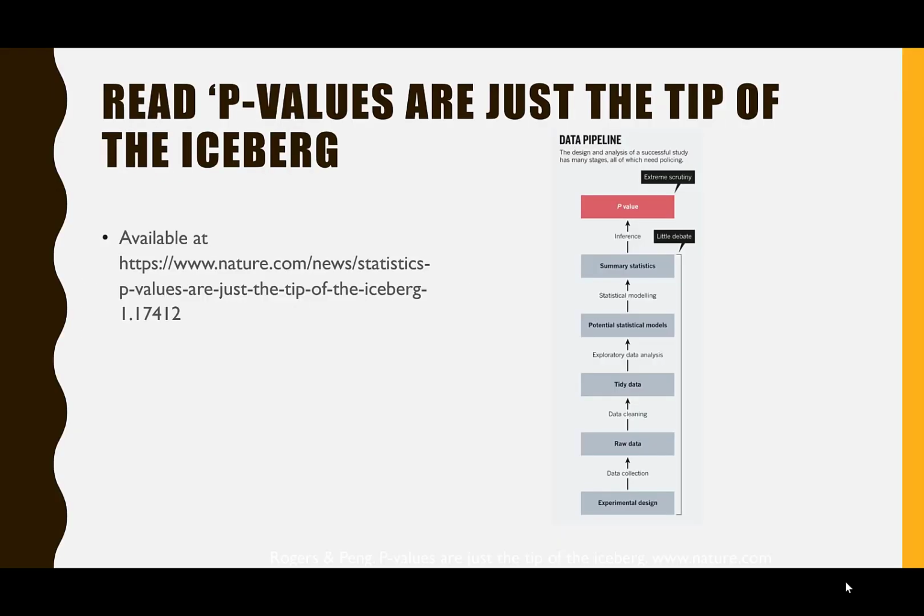I'd also like you to take a look at this article, P-values are just the tip of the iceberg. This was published also in Nature a few years ago, and it's worth thinking about because we have a lot of scrutiny on the p-value, but there is a whole below-the-surface part of the iceberg, the bigger part of the iceberg, which includes this trail of events that occur right from experimental design, data collection, data cleaning, exploratory data analysis, all the way to statistical modeling, inferences made, and then p-values reported and perhaps published or not in the medical literature.